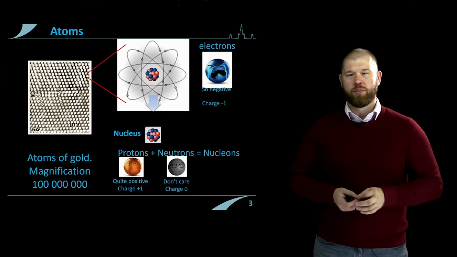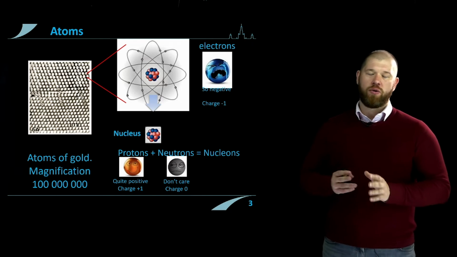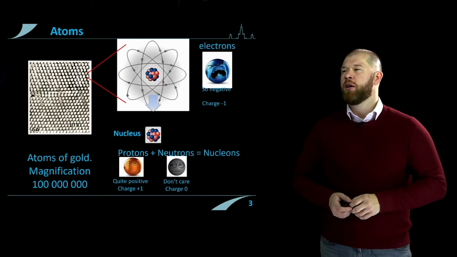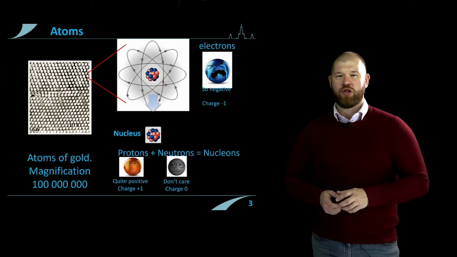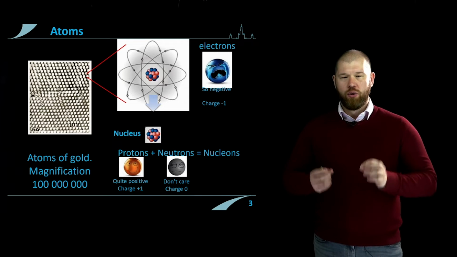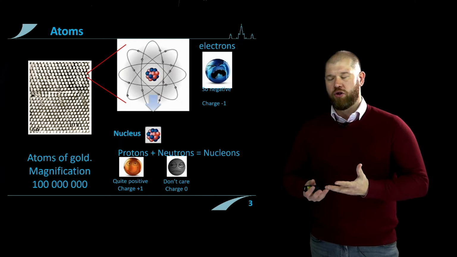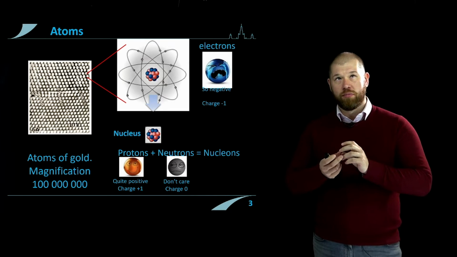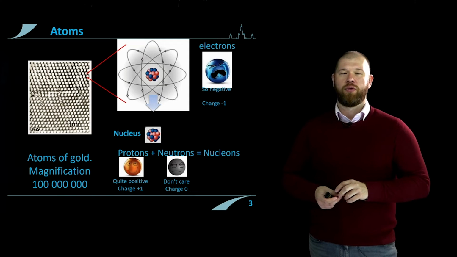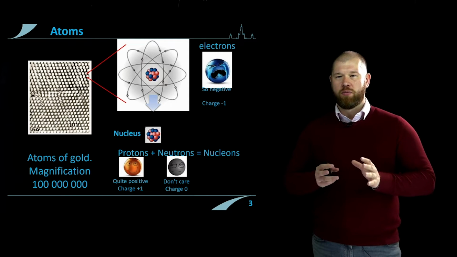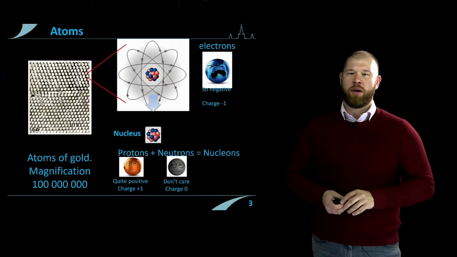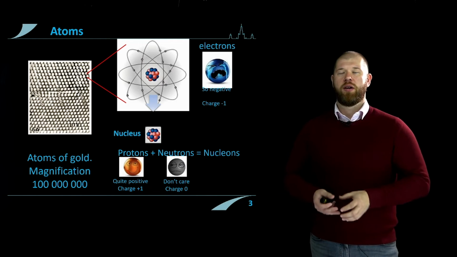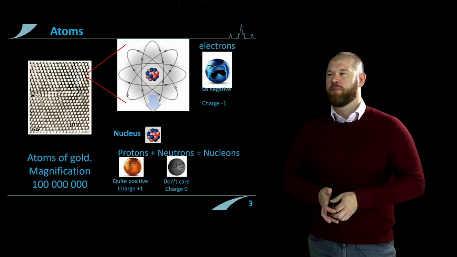Electron is a very small particle with a mass around 2000 times less than the mass of proton or neutron, and electron has a charge -1. Nucleus in general is a very tiny fragment of the atom. It is only 1/10,000th part in size of the atom, but the whole mass is located inside the nucleus.